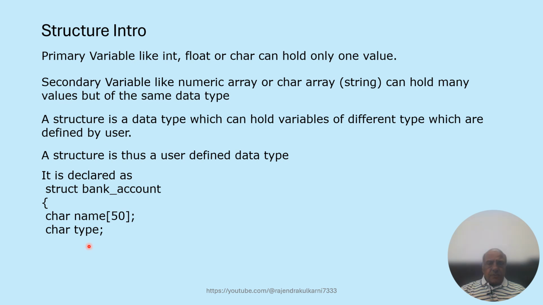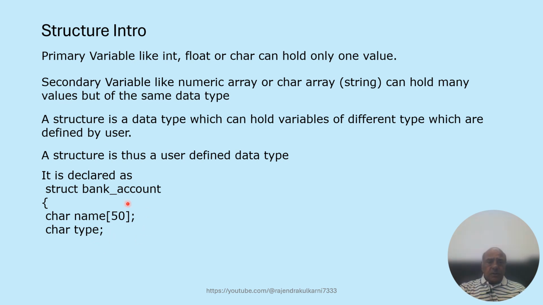Type is the name of the variable. In banking there are many types of accounts: savings account, current account, fixed deposit account, and many more. So this char type can hold the abbreviation of these accounts.